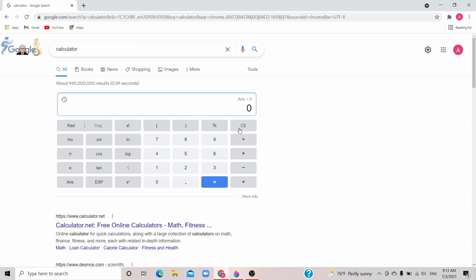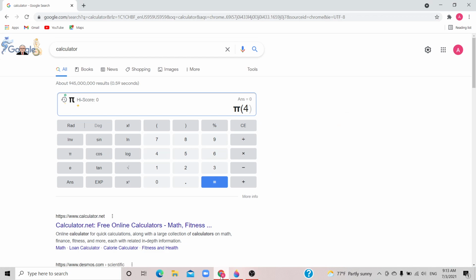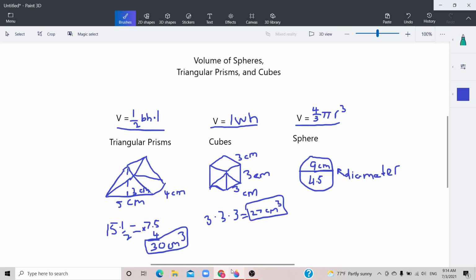So first we have pi, so we choose the pi icon here, and we go r, and the r we saw was 4.5. So 4.5, and then we can put cubed. And we got that number.